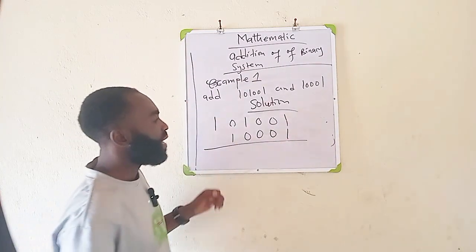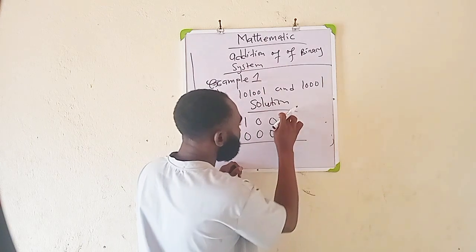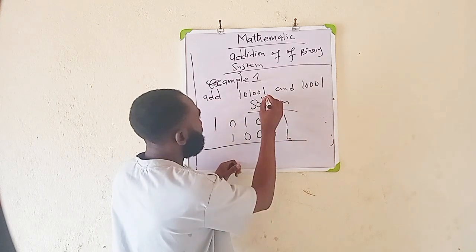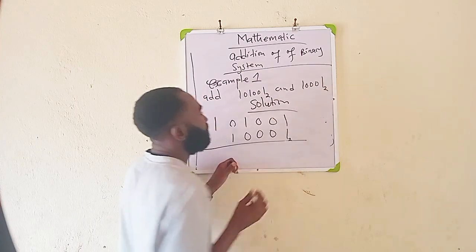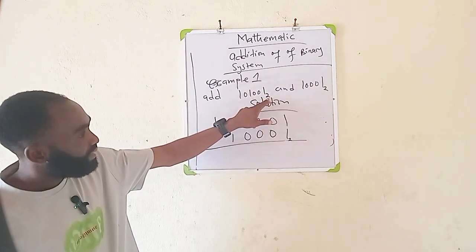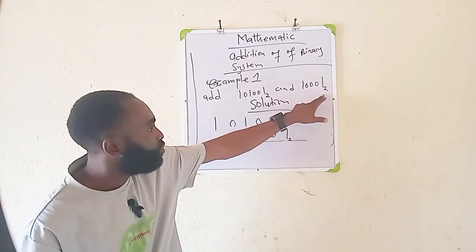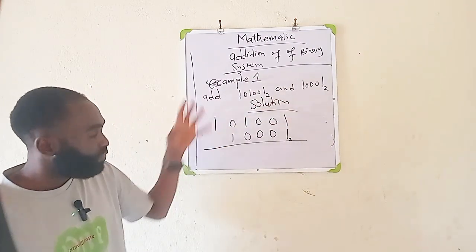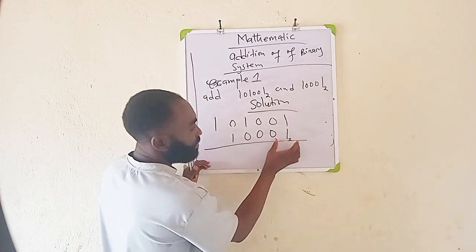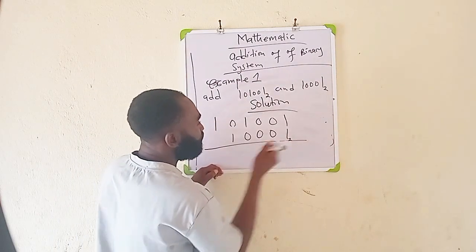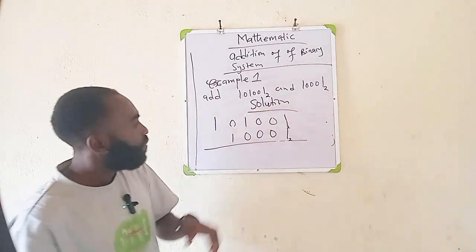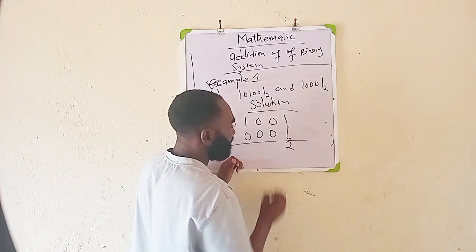And when you write the base, make sure the subscript is down, smaller than the main number. Since we are handling base 2, we cannot write 2 as a number. So how are we going to do that?